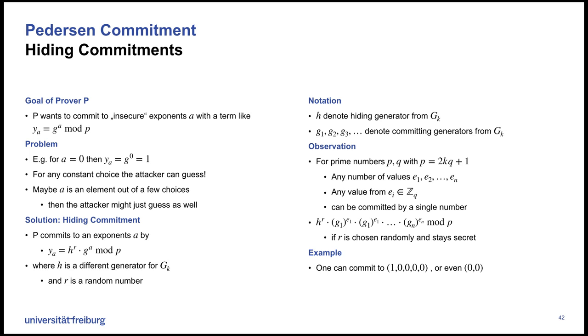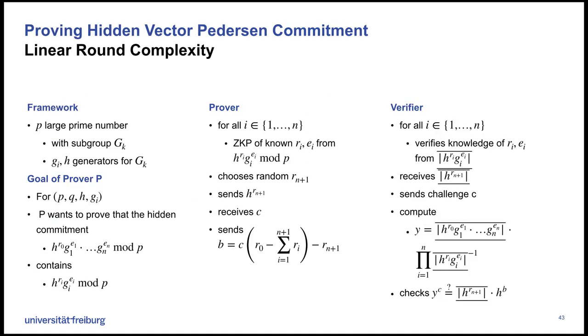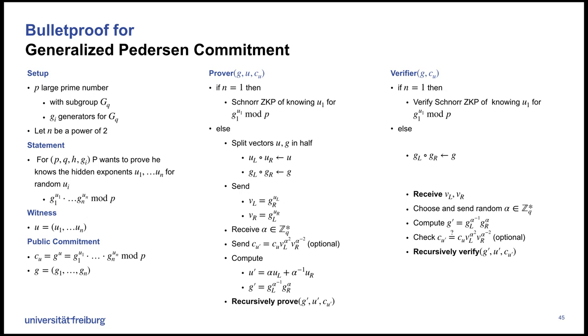And the trick is that we are now working with these hidden commitments, the same slide as you have seen before. And it's clear that we can prove this with linear complexity. But there is a bulletproof for this generalized commitment that works in a logarithmic number of messages.